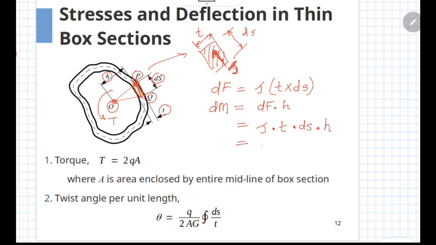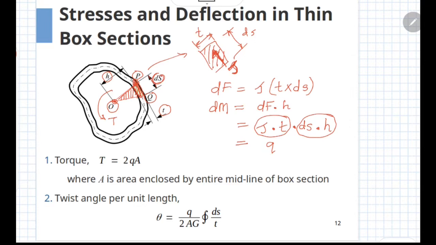Now from the previous discussion we know that this tau into t is nothing but the shear flow Q, and ds into h can be written in terms of the area of the triangle whose base is ds and height is h, which is subtended by this segment.